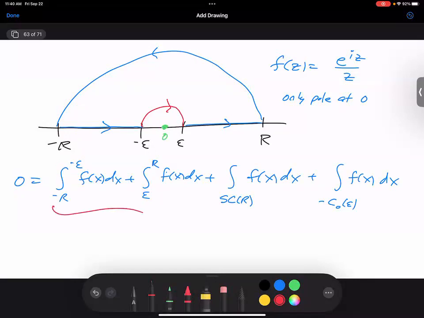Now, over here, as r goes to infinity, this goes to the integral from minus infinity to infinity of what? Well, we'll have the cosine x plus i sine x over x. The cosine x over x is going to integrate to 0.